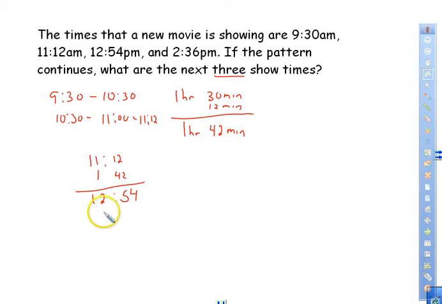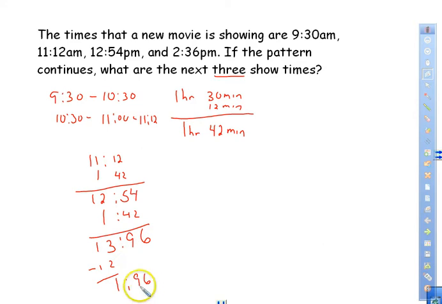If we were to add another hour and 42 minutes to this, we would get 6 and 9, and then 3 and 1. Now, obviously, we cannot have more than 12 hours, so it carries on. If we subtract 12, that's my 1 o'clock, and then 96 minutes.